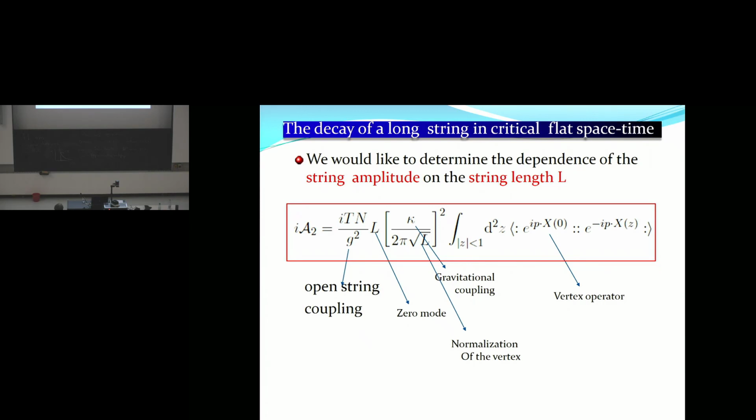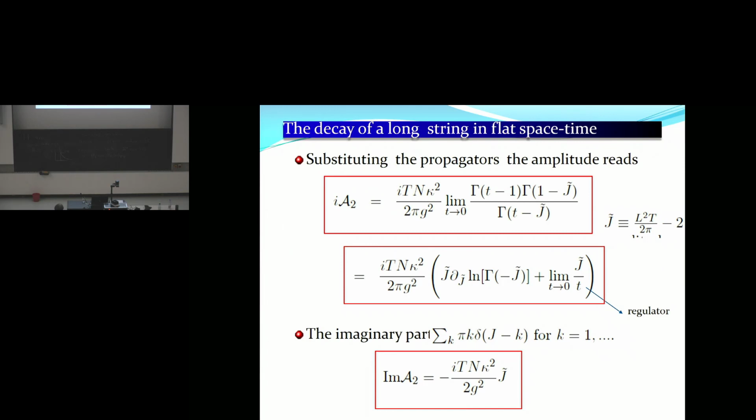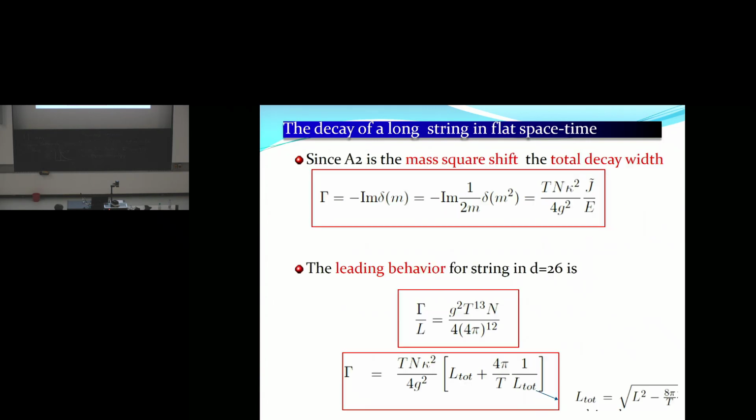And we did a long calculation, but eventually it goes to what Polchinski did, and you end up having that this amplitude behaves as L squared T, but then the mass squared shift is the amplitude over the energy, which is also L. So altogether you get a result which is in leading order, when you expand these gamma functions, you find that it's linear in the length.